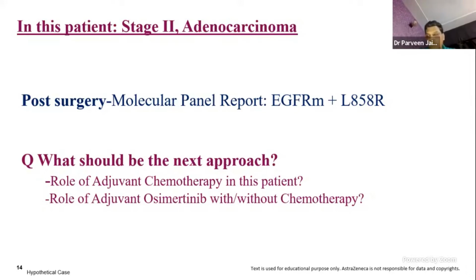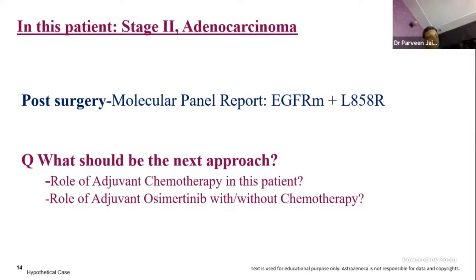So what will be your approach? So this is N1 disease, and I think we will proceed with chemotherapy followed by adjuvant osimertinib for this patient. Okay, and for how long will you continue osimertinib here? So at least till the patient has toxicity, or 3 years.